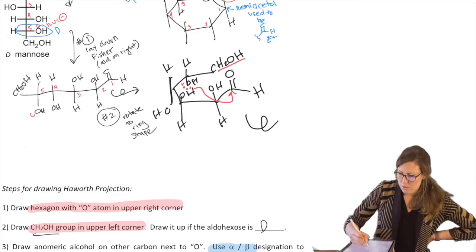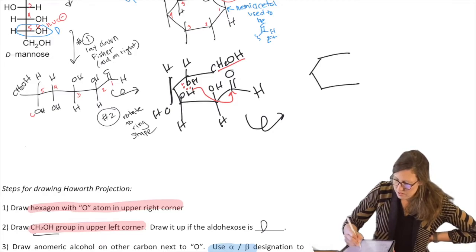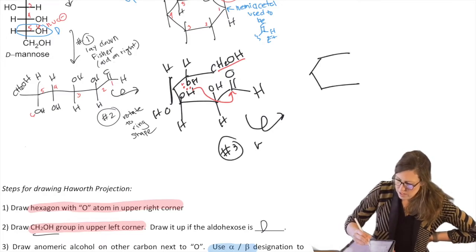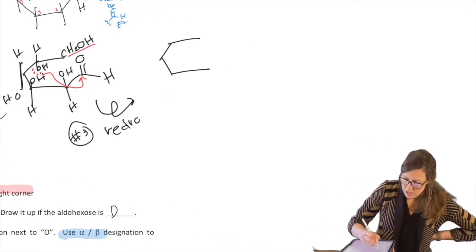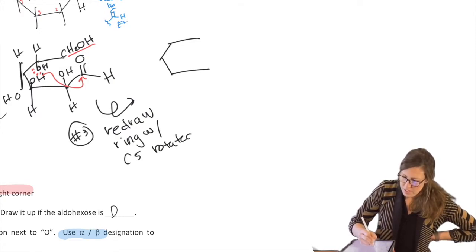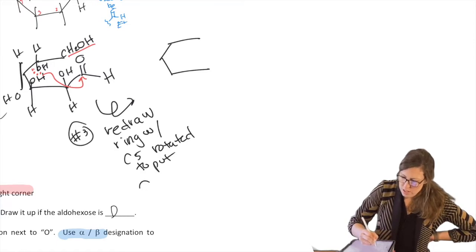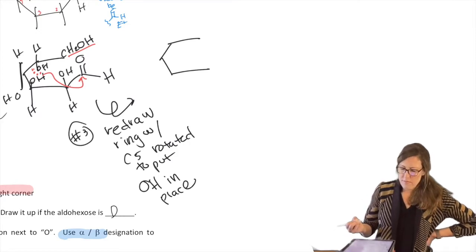So let's rotate it to put it in place. In other words, I'm redrawing this ring. So number 3. Redraw ring with C5 rotated to put the needed OH in place.